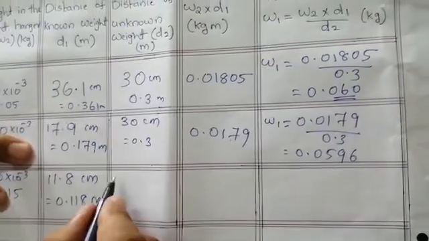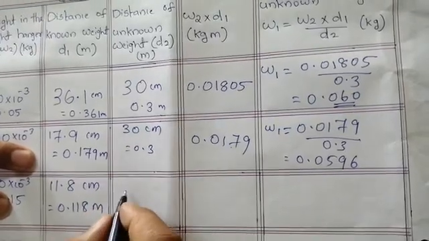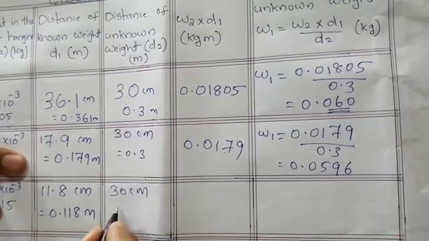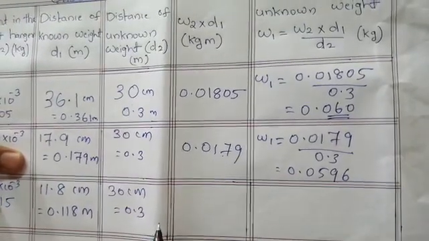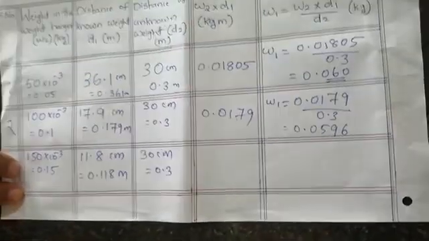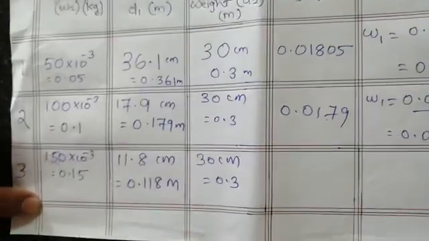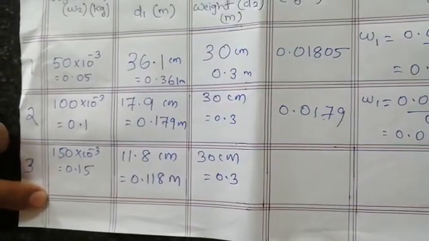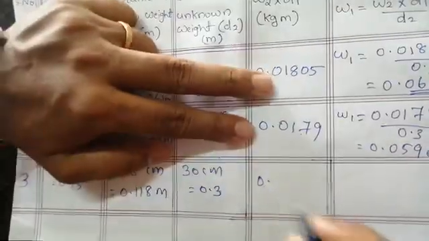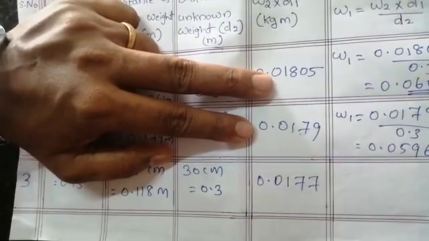Distance of unknown weight, I am not repeating, it is already fixed. Unknown weight, I didn't touch that. So that distance is 30.3. Multiply which quantity? W2 into D1. First column into second column, you need to multiply. First column divided by 100. 0.118 into 0.15 is 0.0177.